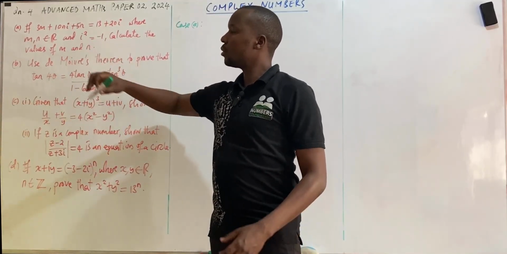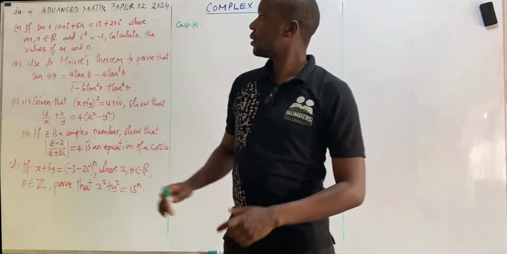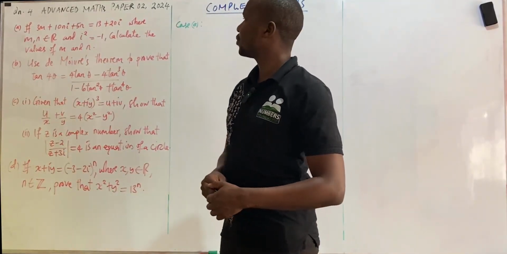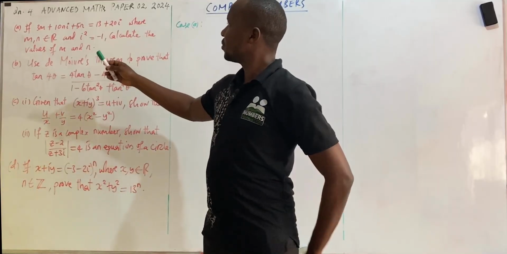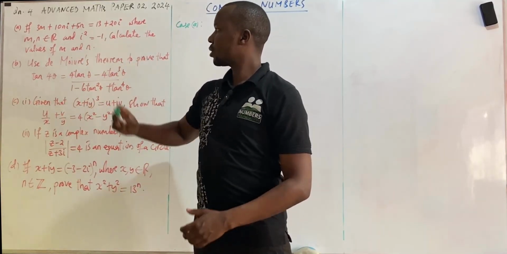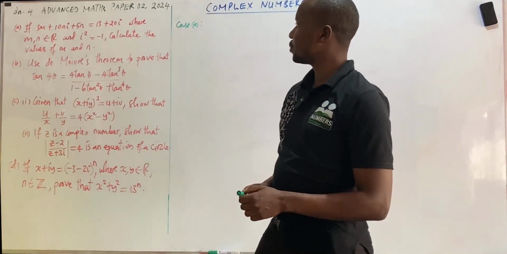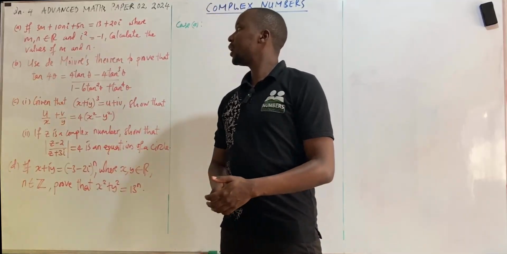Here, i is a part of a complex number, the imaginary part. We are required to calculate the values of the constants m and n, which belong to the set of real numbers.